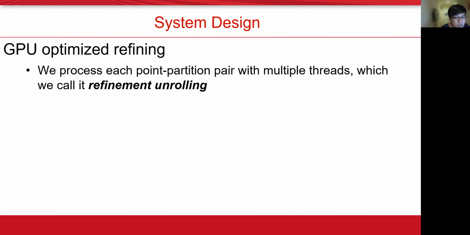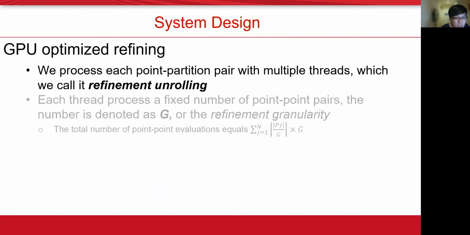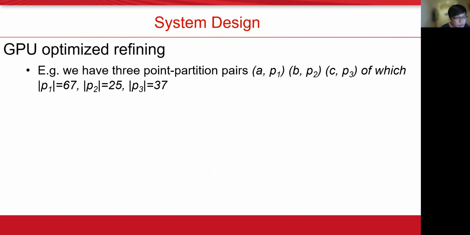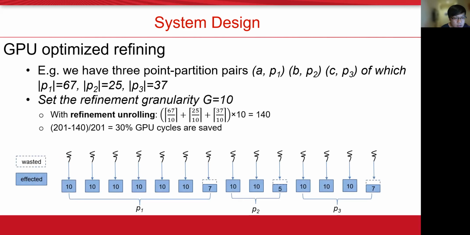To better utilize the GPU, we process each point-partition pair with multiple threads, which we call refinement unrolling. And each thread just processes a fixed number of point-to-point pairs, or the refinement granularity. For the same example given above, if we set the refinement granularity as 10, much fewer GPU cycles are wasted, and the overall utilization of the GPU is increased.